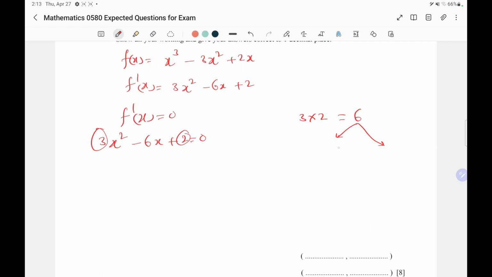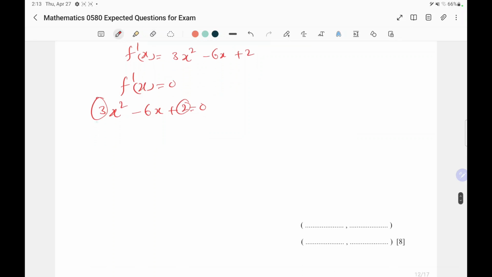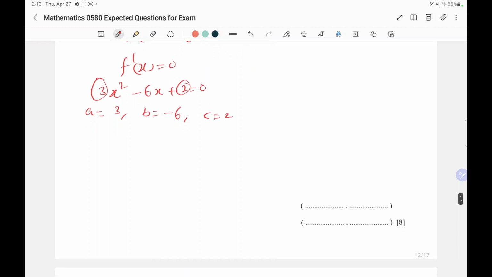How is it possible? If I write 6 times 1, the multiplication is valid, but if I add, then it's not. So here I think factorization is not so easy. So better to go for the quadratic formula. A equals 3, B equals minus 6, C equals 2.